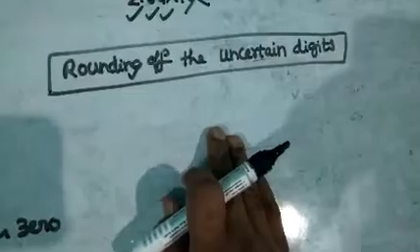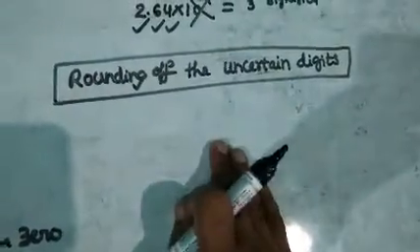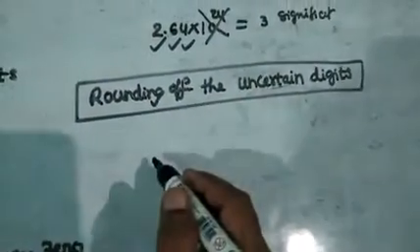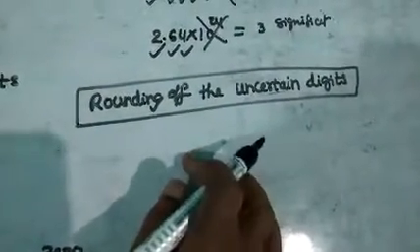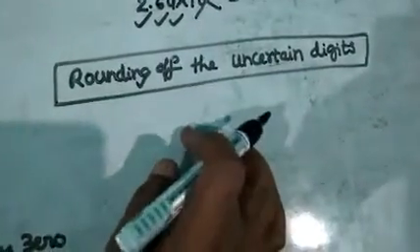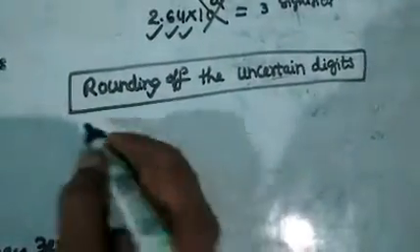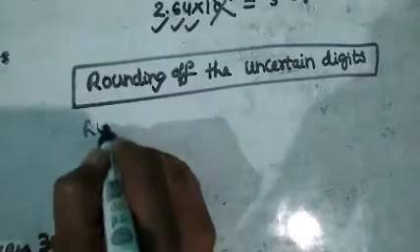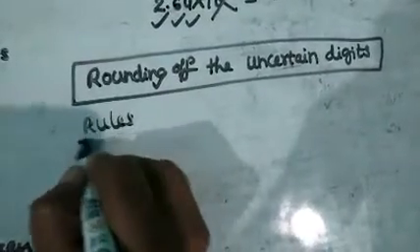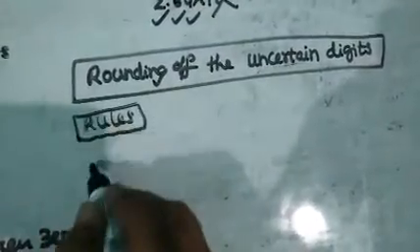Listen carefully here. 3 rules are there. Again, rounding off. Once again I am saying, rounding off means a process of omitting of non-significant digits. It is called rounding off. So here also some rules are there. क्या rules इधर? Check it carefully. Rules.